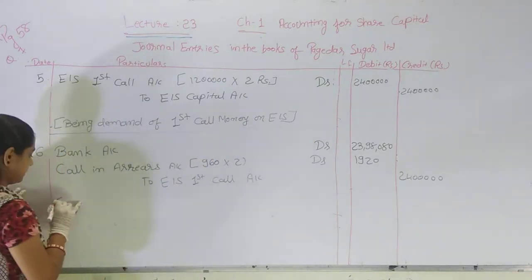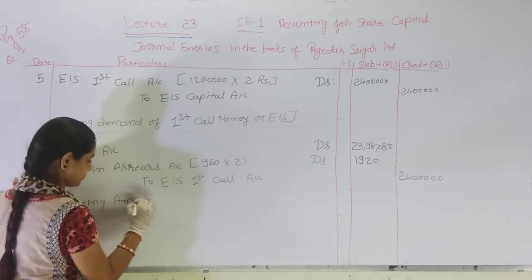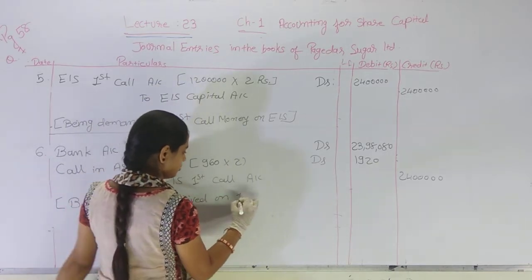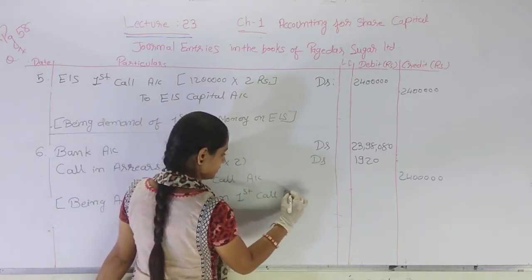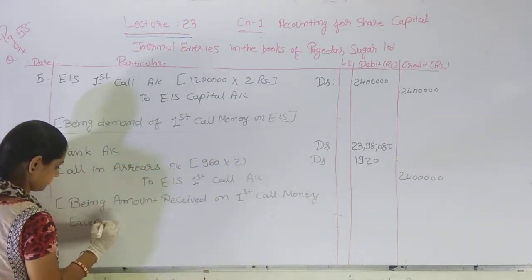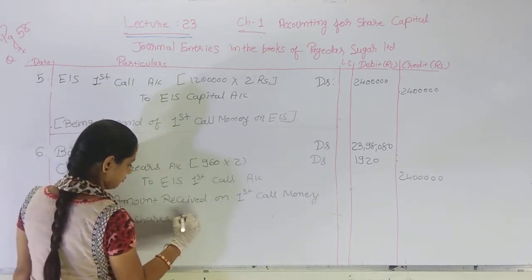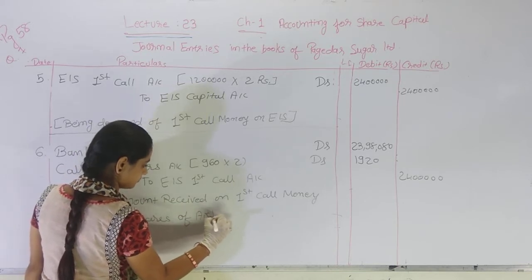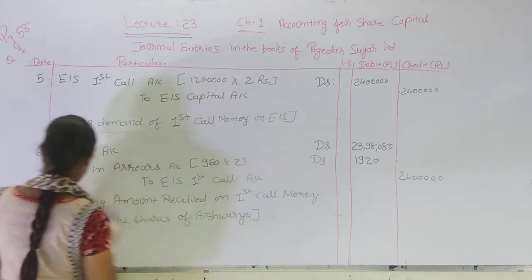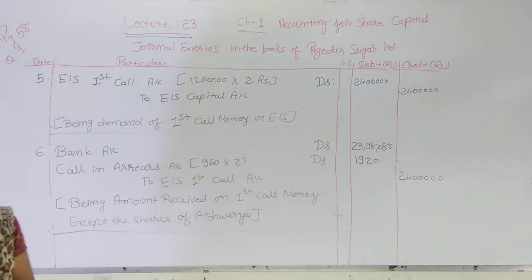Into bracket we have to write being amount received on first call money except the shares of Aishwarya. Bracket over, underline. Here we have completed 6 entries. Right? Write down this.